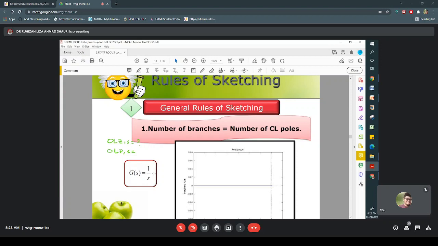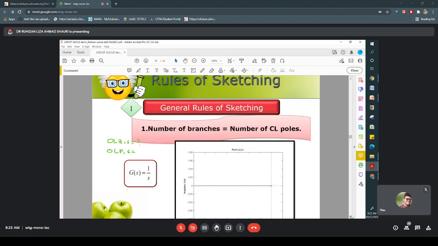No, none. So for the open loop zero, none. And the open loop pole, you have s equals to 0, isn't it? So s equals to 0, you put there.